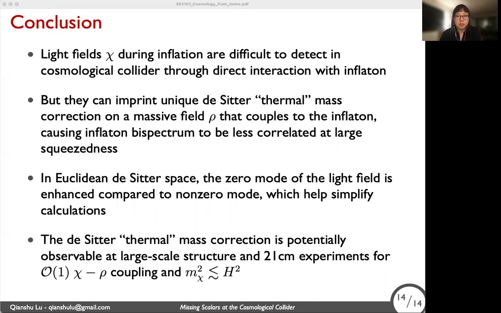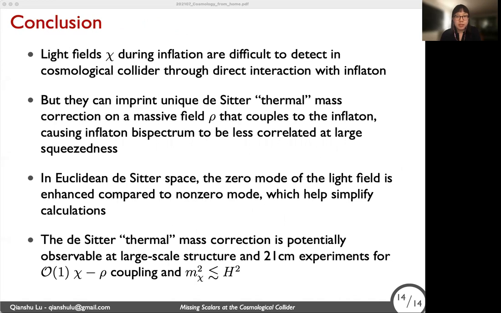Okay, so in conclusion, I have introduced a new observational signature for a light scalar that existed during inflation for the Cosmological Collider program, which is through a de Sitter thermal mass correction the light field gives to a more massive field that leads to the loss of correlation of the inflaton's 3-point correlation function. I have shown you our calculational method and also quantitative results.